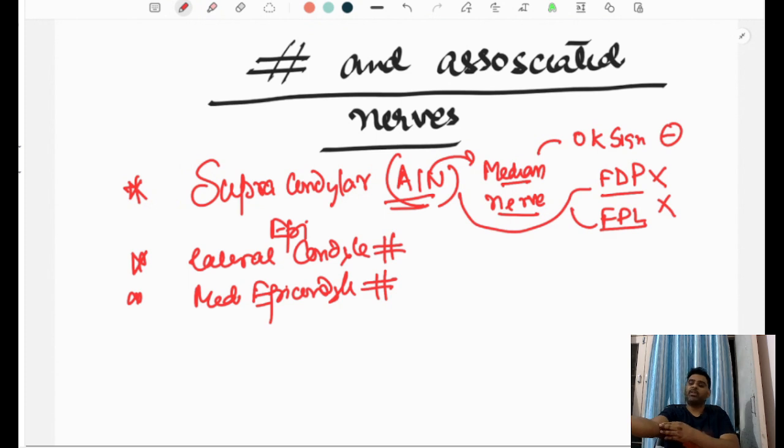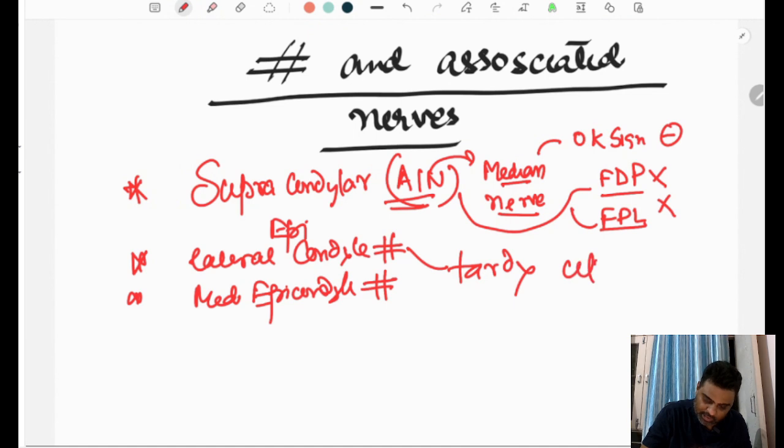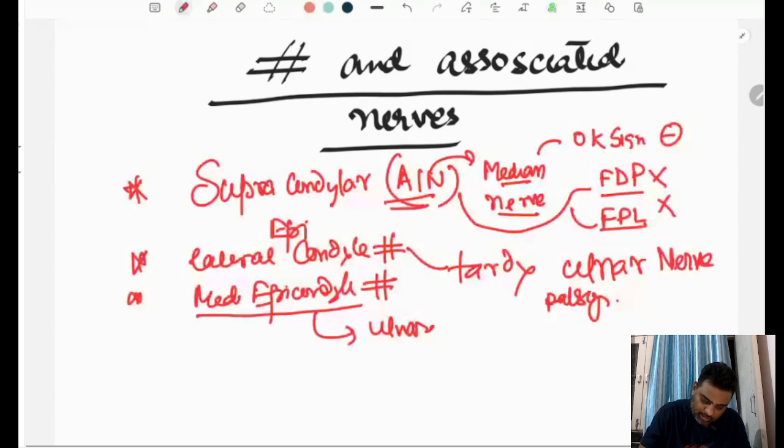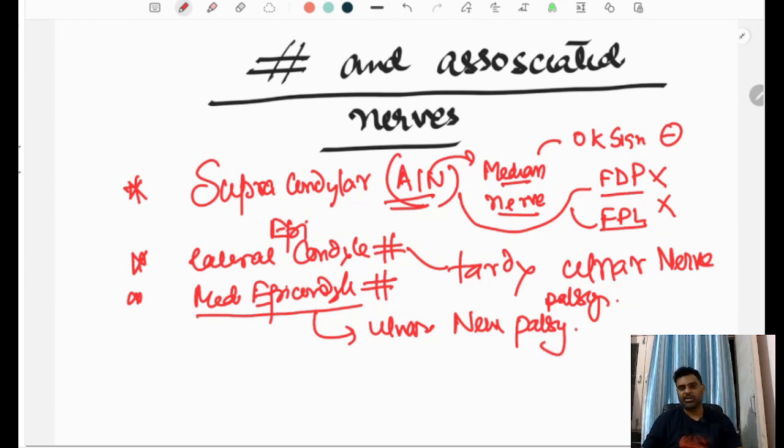Therefore, after some time, it can present with ulnar nerve involvement, because the ulnar nerve lies here behind the medial epicondyle. That is the funny bone. So it can lead to ulnar nerve palsy. Since this palsy occurs after a certain time, it is known as tardy ulnar nerve palsy. This question has been asked: tardy ulnar nerve palsy is seen with which fracture? Lateral condyle. Medial epicondyle fracture will also produce ulnar nerve palsy, but it will be from direct compression. It will not be after some time.